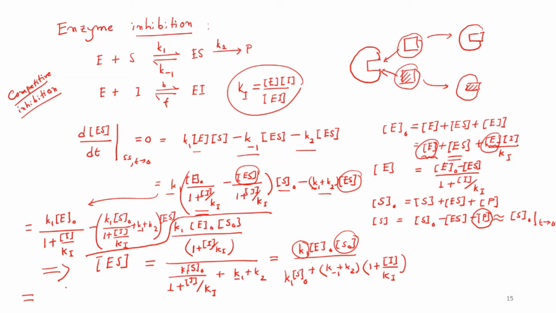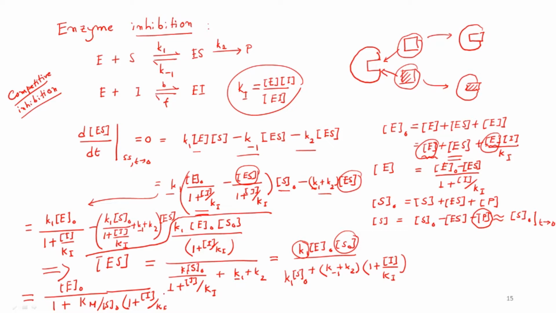So we'll have nothing but E0 divided by 1 plus, now K minus 1 plus K2 divided by K1, that we called the Michaelis constant Km, and then divided by S0, multiplied by this factor, which is 1 plus inhibitor concentration divided by Ki.